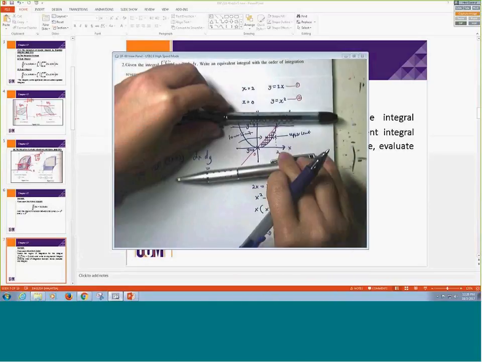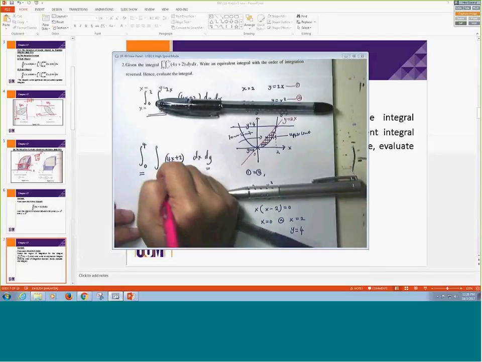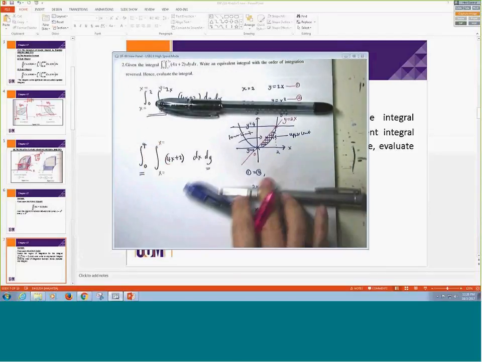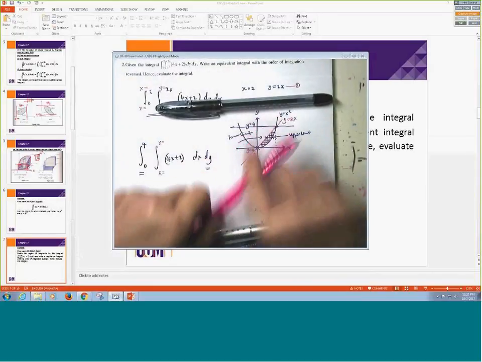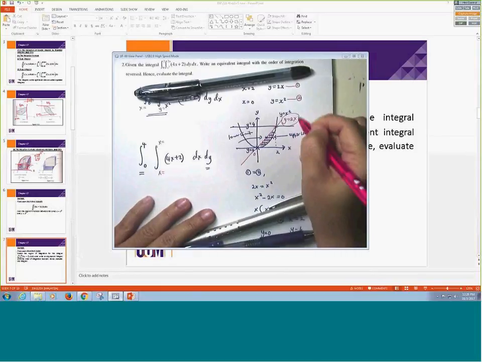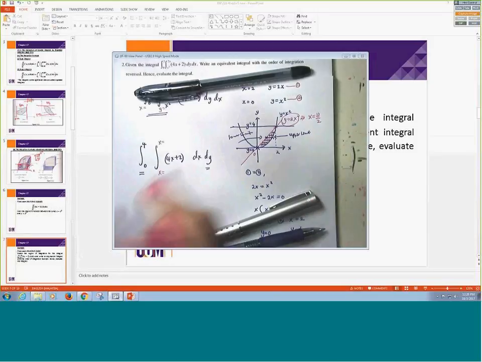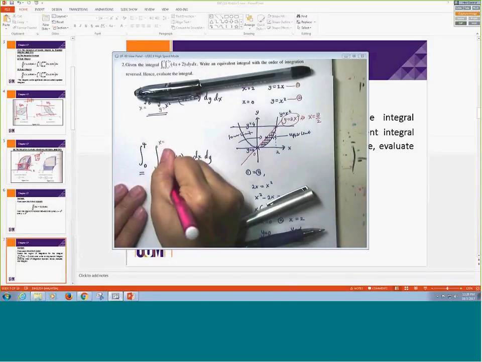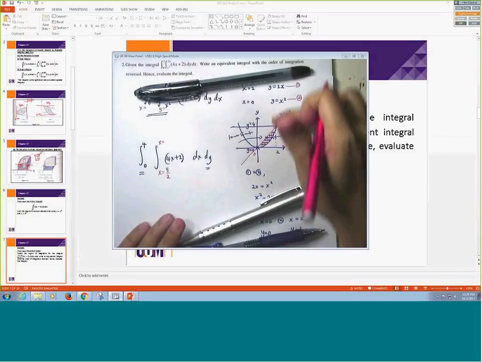We need to write it in terms of x. The lower limit is this, the red line, but we have y equals 2x, so changing x to the subject, we get y over 2. So the lower limit is x equals y over 2, and the upper limit comes from y equals x squared.